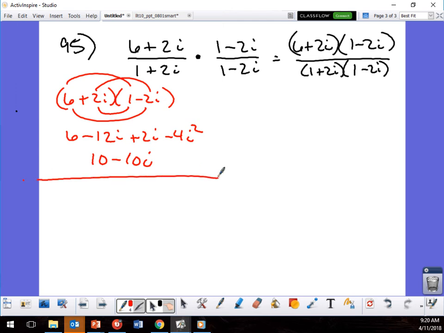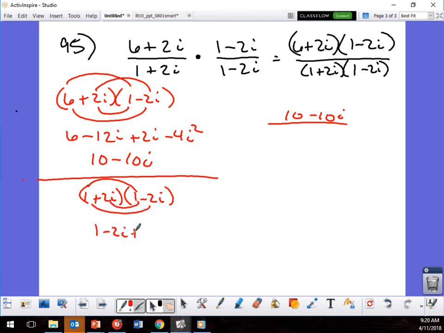Okay, now let's do the other side. If I do the other side, it's going to be 1 plus 2i times 1 minus 2i. So I get 1 minus 2i plus 2i minus 4i squared.